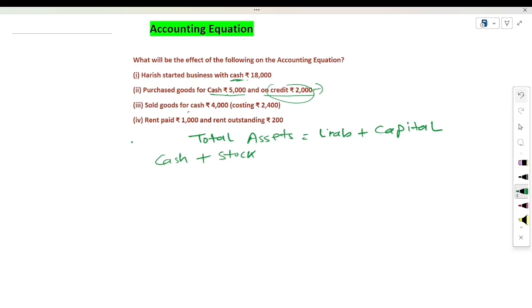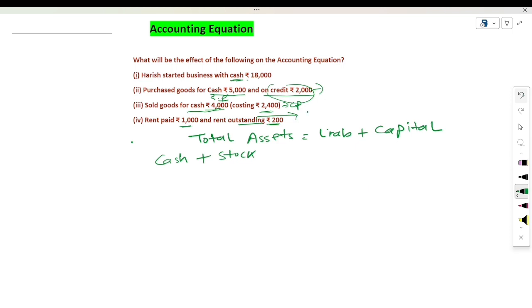Now he sold goods for cash, 4,000. Costing, cost price. This is the cost price of the goods, and this is the selling price of the goods. From this, we will be able to find out how much profit or loss is happening here. And now the last transaction is rent paid rupees 1,000 and rent outstanding rupees 200.